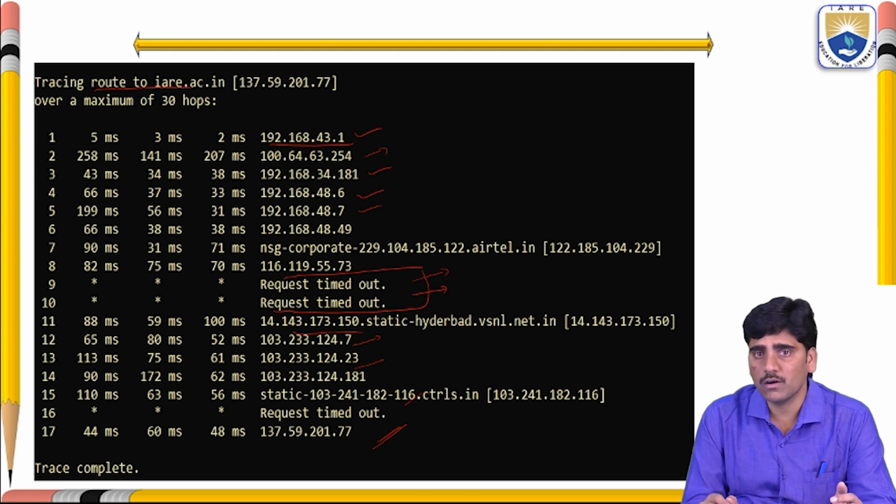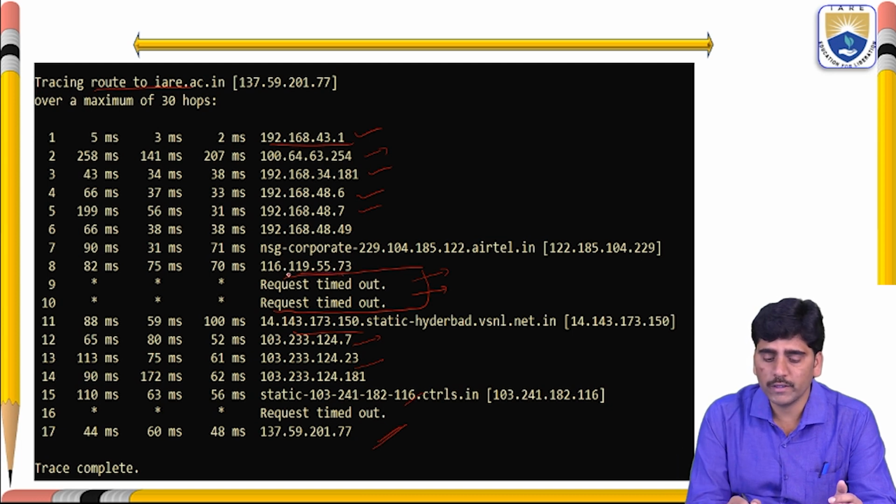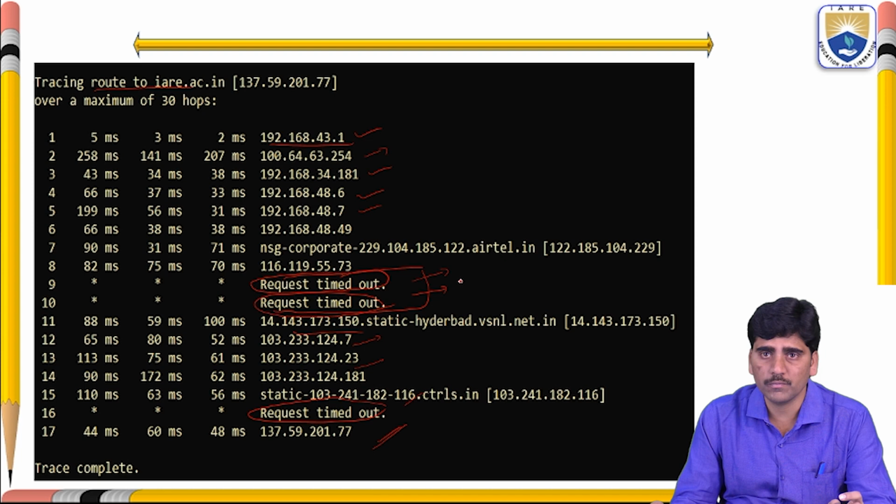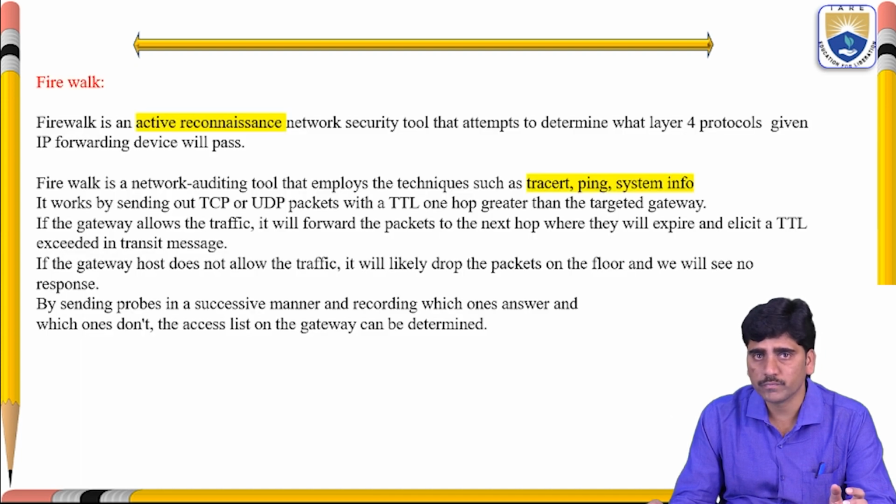But if a router has not responded, then the data is passed on to the next router with the ICMP message "Request timed out." These "Request timed out" messages are displayed with the help of ICMP messages. There are two types of messages we already discussed: one is error reporting messages, the second is query messages. So here, "Request timed out" indicates a query message.